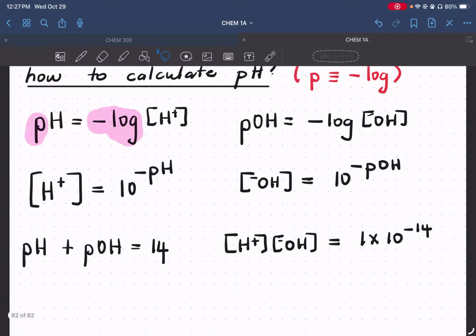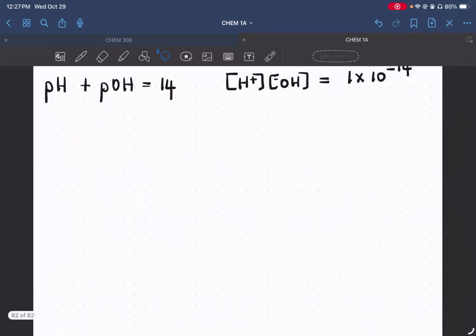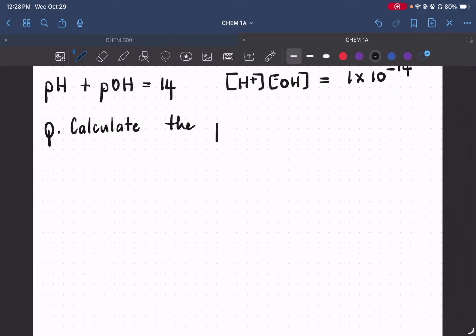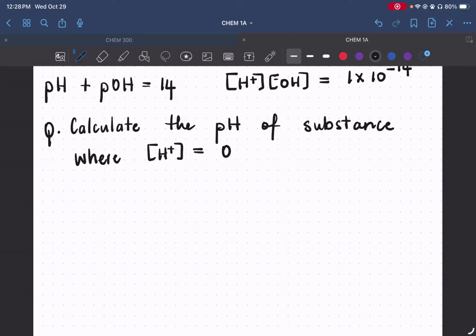So let's take a second to try a sample question and see how we would use this in theory. The question simply says, calculate the pH of a substance where the H plus concentration is equal to 0.0075 molarity.